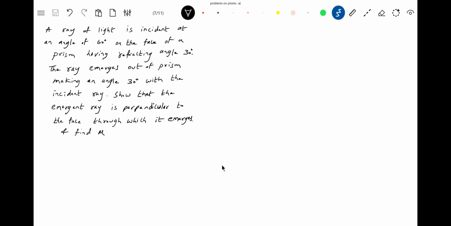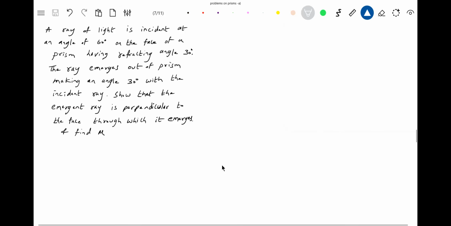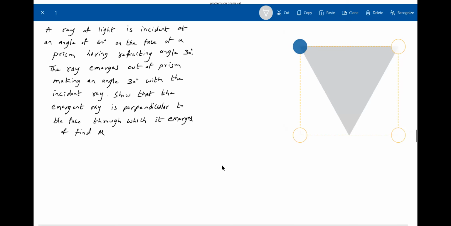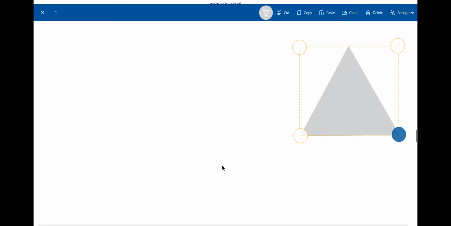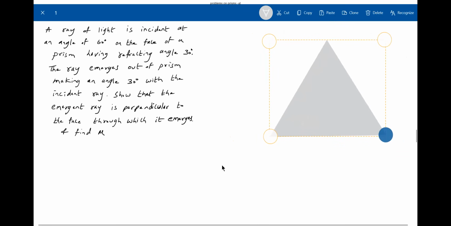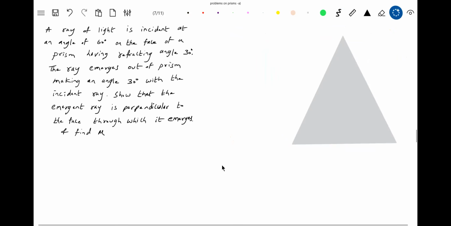A ray of light is incident at an angle of theta on one face of a prism having refracting angle. So I should draw a prism first. Anything drawing prism is something very important. So what is it telling now?